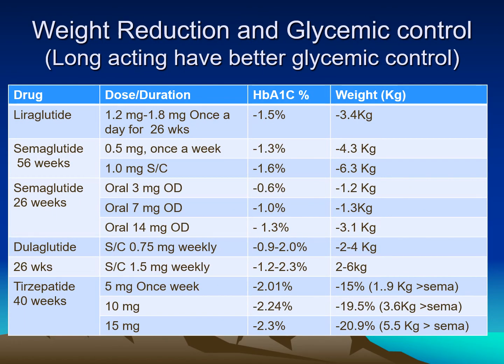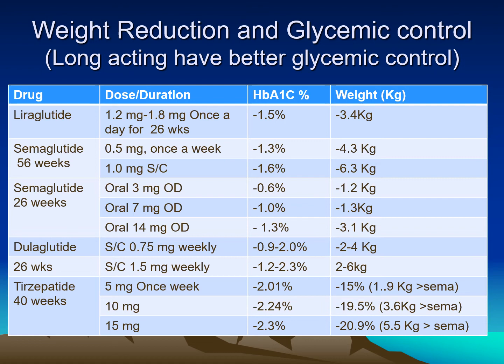Now, if we compare weight reduction and glycemic control with long-acting drugs, liraglutide, semaglutide, dulaglutide, tirzepatide. At the usual recommended doses, liraglutide produced reduction of hemoglobin A1C by 1.5% and weight by 3.4 kg, whereas semaglutide reduced weight by 4.3 kg and hemoglobin A1C by 1.3% only, whereas dulaglutide reduced hemoglobin A1C up to 2% and weight by 2 to 4 kg.